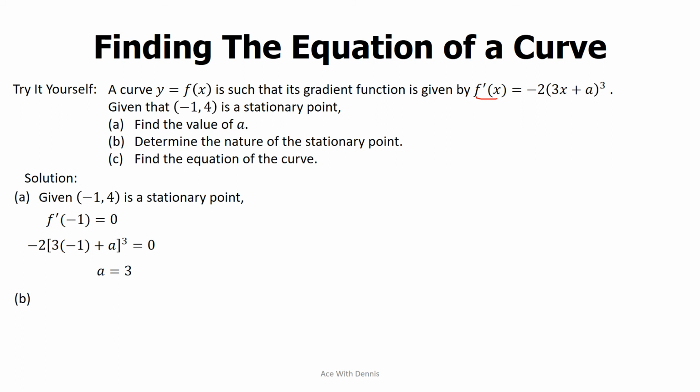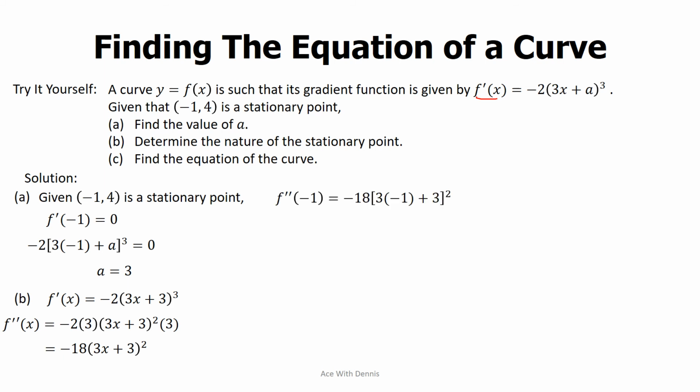For b, to determine the nature of the stationary point, from the given f prime x equals negative 2 times (3x plus 3) cubed, we can get the second derivative, f double prime x equals negative 2 times 3 times (3x plus 3) squared times another 3, which gives us negative 18 times (3x plus 3) squared.